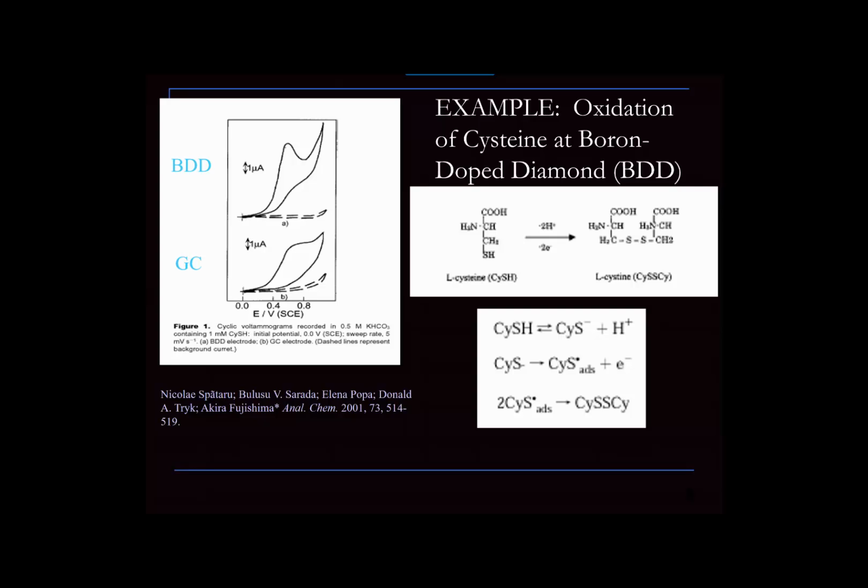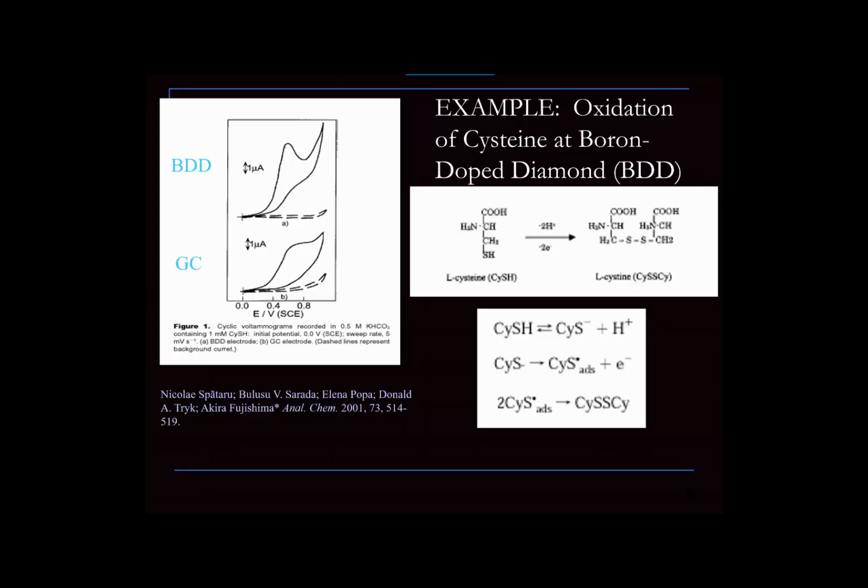And so I have shown you at upper left 2 voltammograms recorded at 2 different kinds of electrode substrates. The top one is boron doped diamond, a semiconductor, and the lower left is glassy carbon. Glassy carbon is an amorphous form of carbon that tends to be a good electrode substrate for biomolecules.